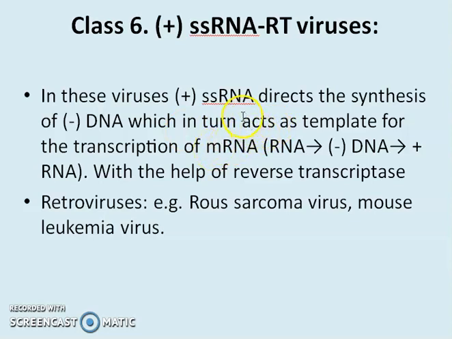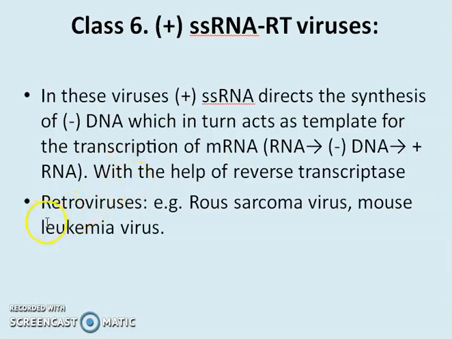That is, here the plus-stranded RNA is converted into minus-stranded DNA, which acts as a template for the mRNA. That is RNA into DNA and then to mRNA. This occurs with the help of the reverse transcriptase enzyme.